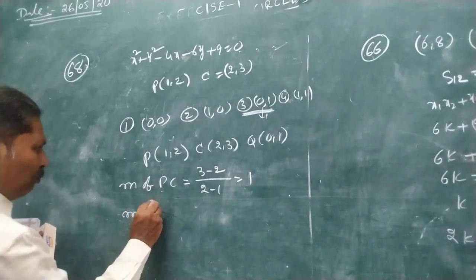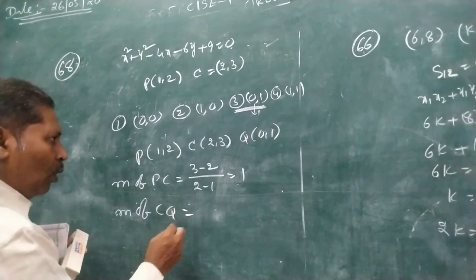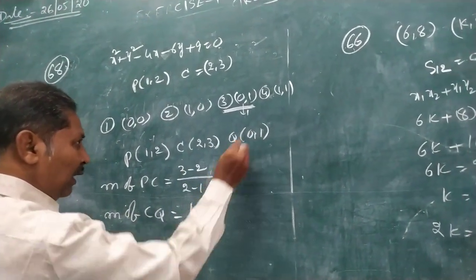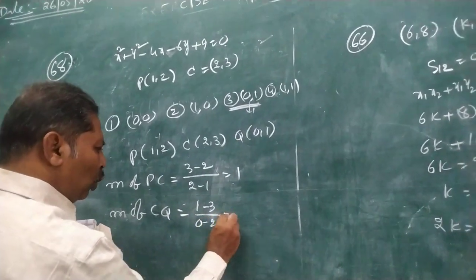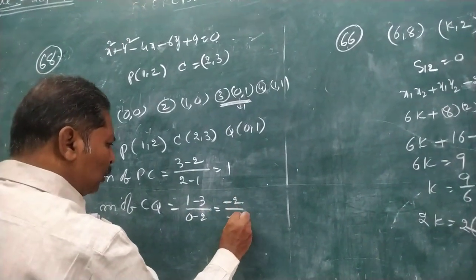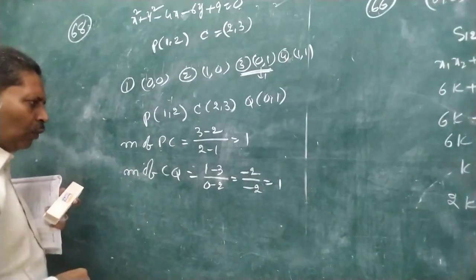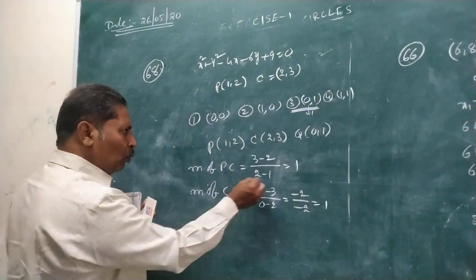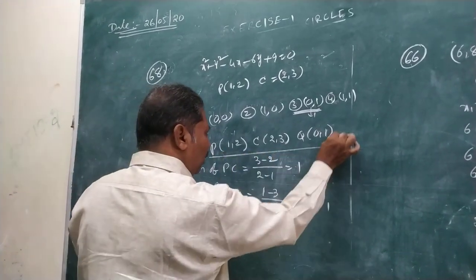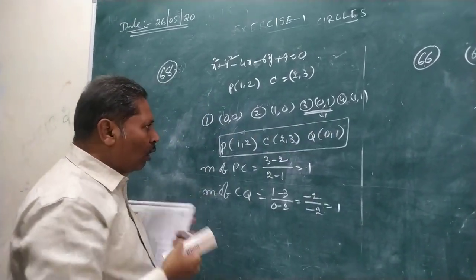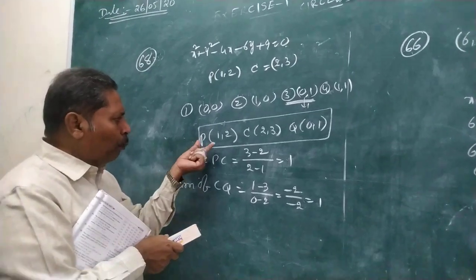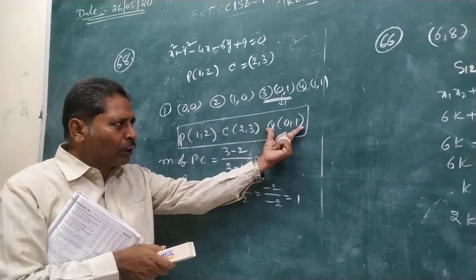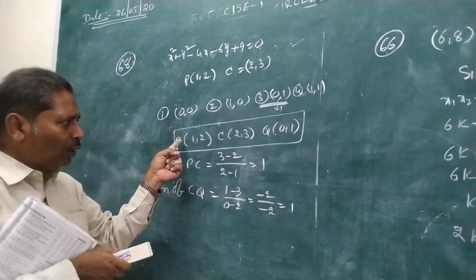Slope of CQ, y2 minus y1, 1 minus 3 by 0 minus 2, minus 2 by minus 2 equal to 1. So slope of PC equal to slope of CQ. So the 3 points are collinear. So remember, given point, center of the circle and the inverse point, 3 points are collinear points.